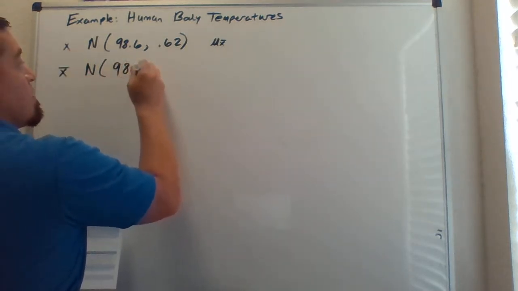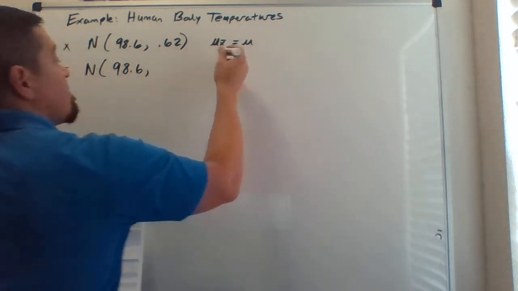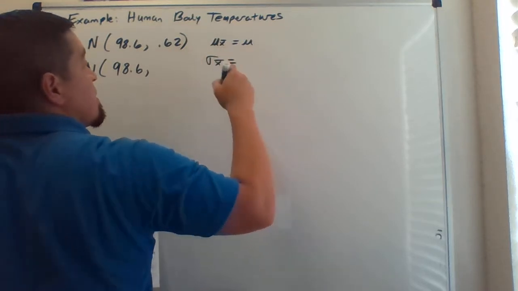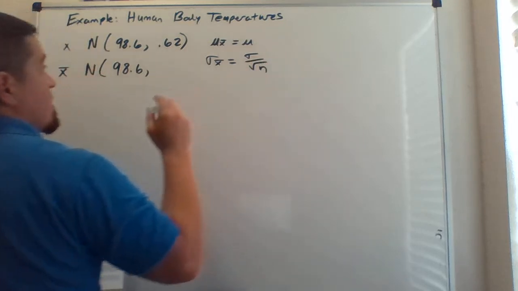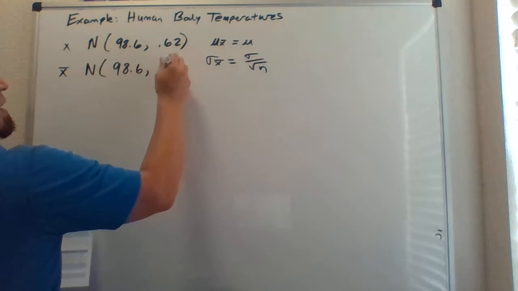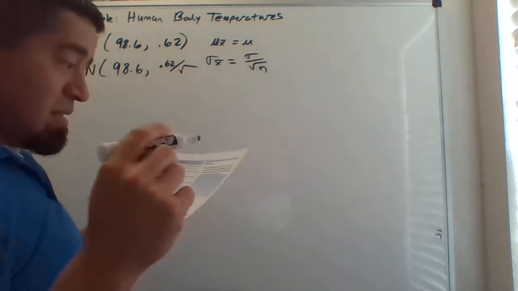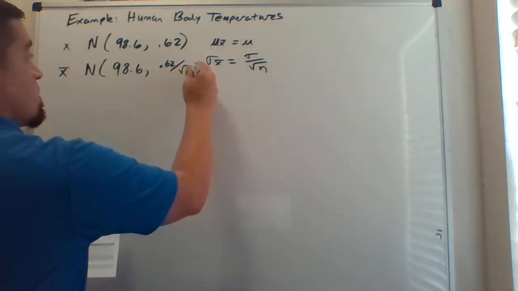The mean of X bars we know is the same, okay, from the central limit theorem, and the standard deviation of our samples is going to be the standard deviation of the population divided by the square root of n. Okay, so in this case, the only thing that changes is this should be divided by the square root of, in the problem they said the sample size is 106, square root of 106.